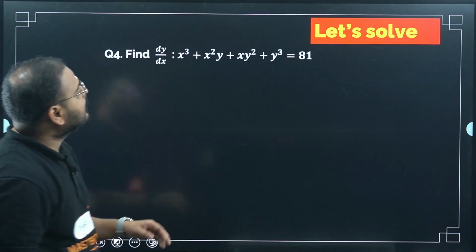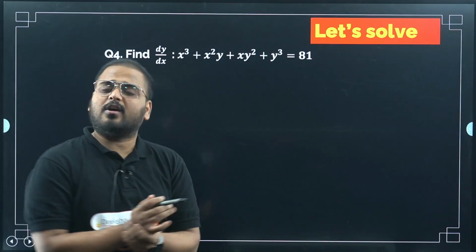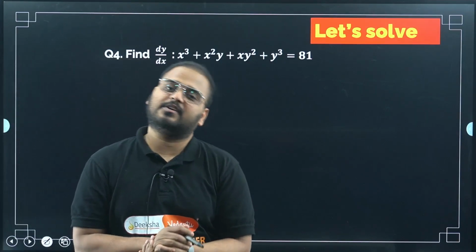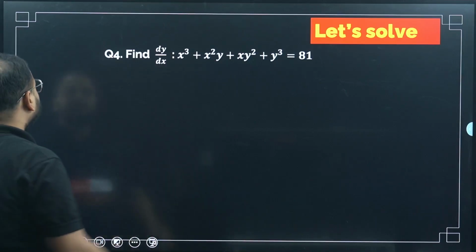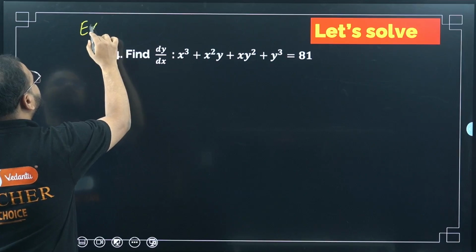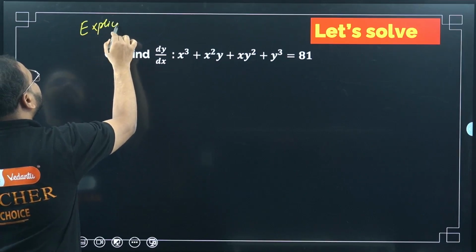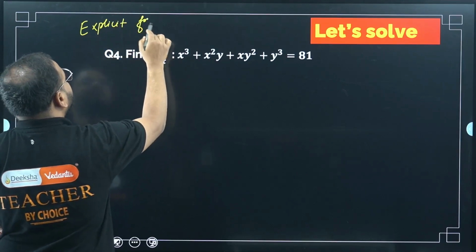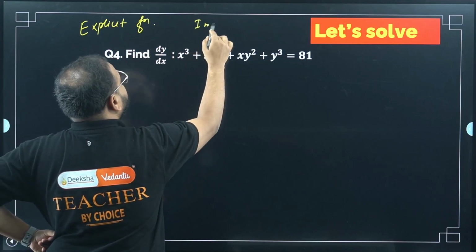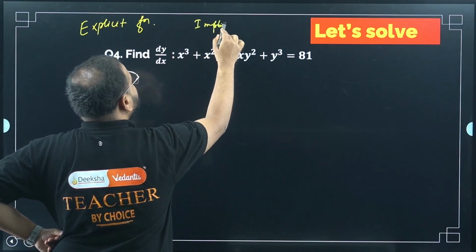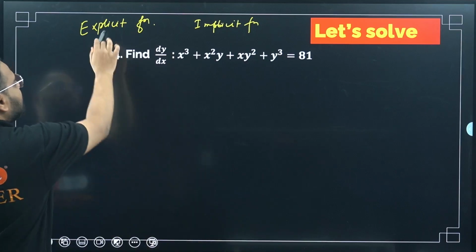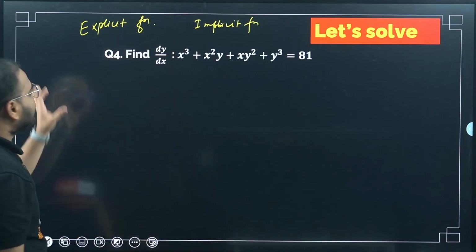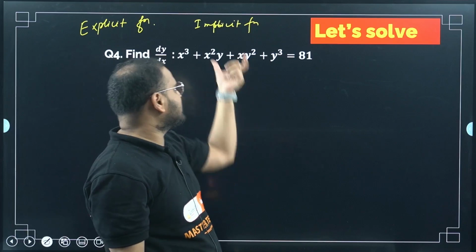Now, we have taken a lot of questions on implicit functions. If you remember, there are explicit functions and implicit functions. I'll give an example of an explicit function, and you'll understand from there what this means.